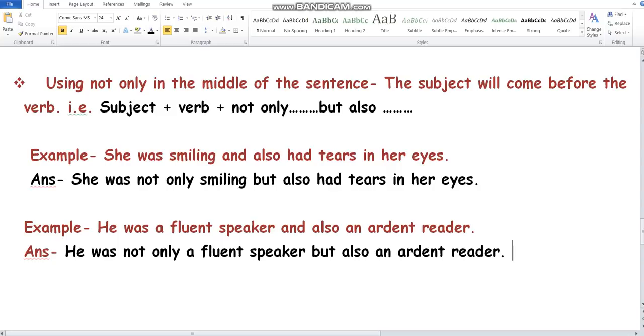Please be careful with the articles a fluent and an ardent.